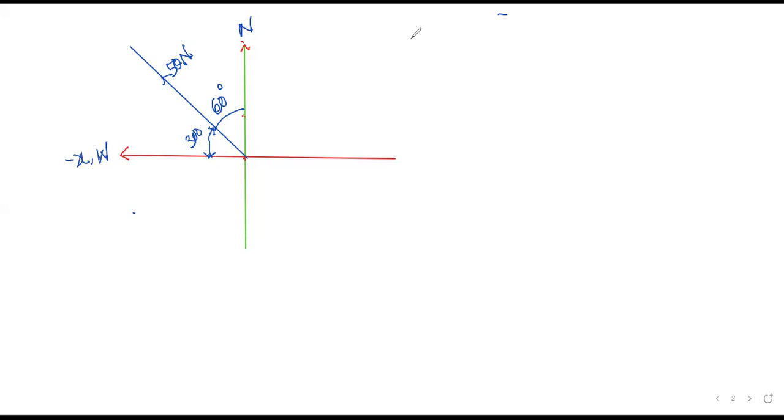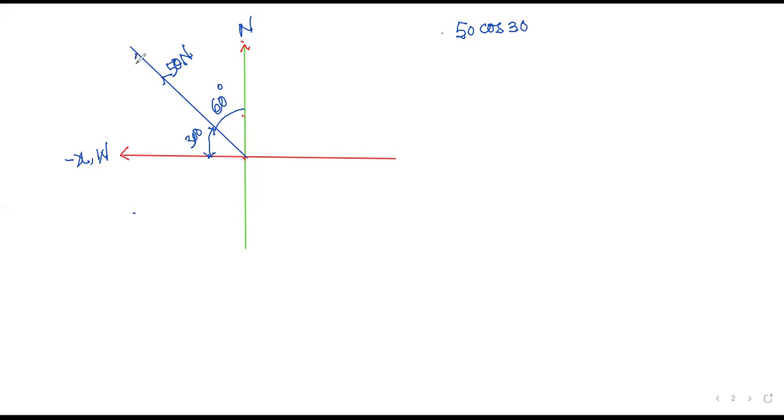So if you use the angle it makes with the negative x, don't forget the other, using the angle it makes with x, the other is cos sine. So we have 50 cos 30, but this is along the negative x.